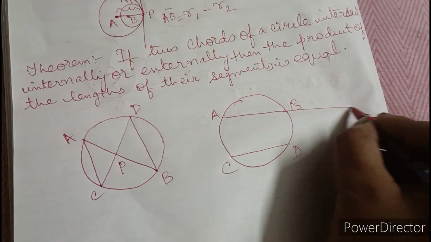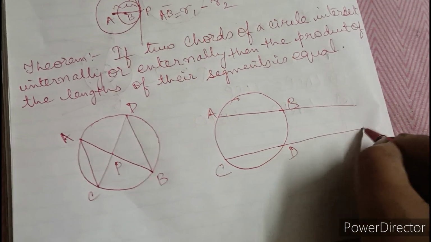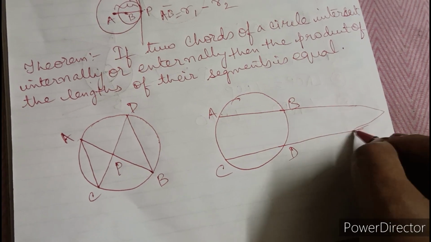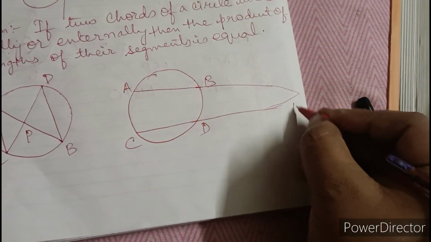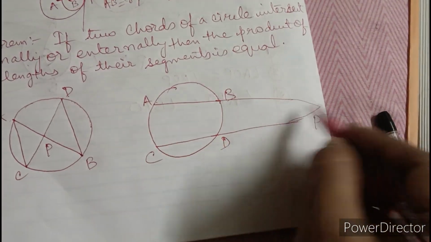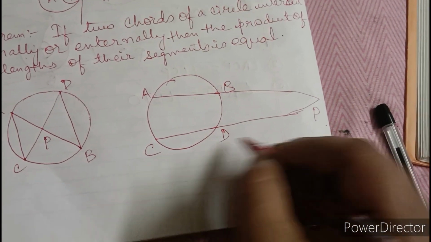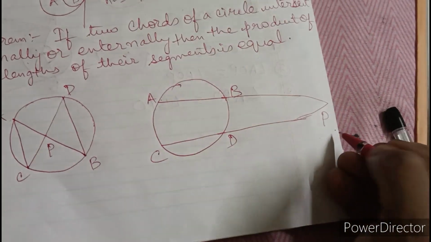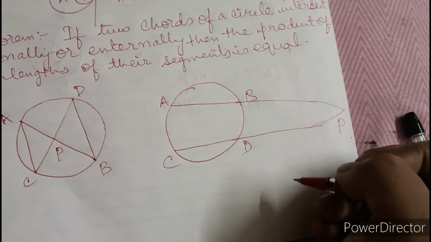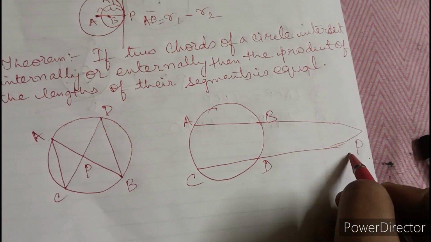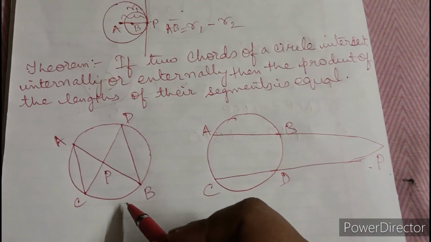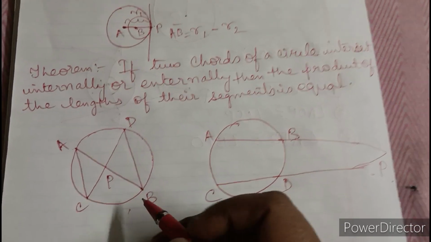Now if we produce them, AB produced to P and CD also produced to P, they will meet at the point P. So they are meeting externally in this diagram, and in the other diagram they are meeting internally at P.